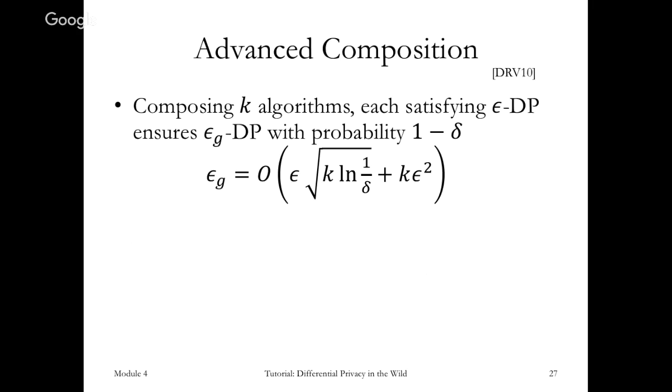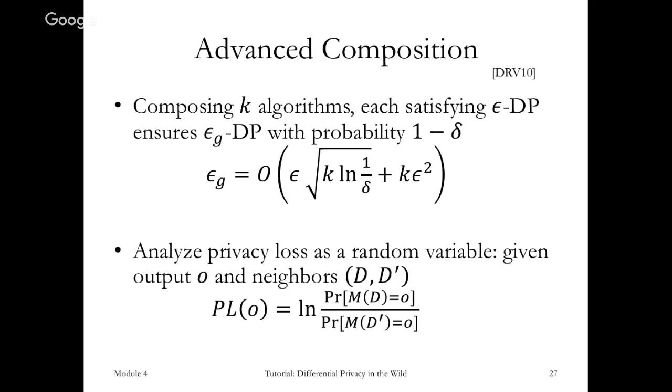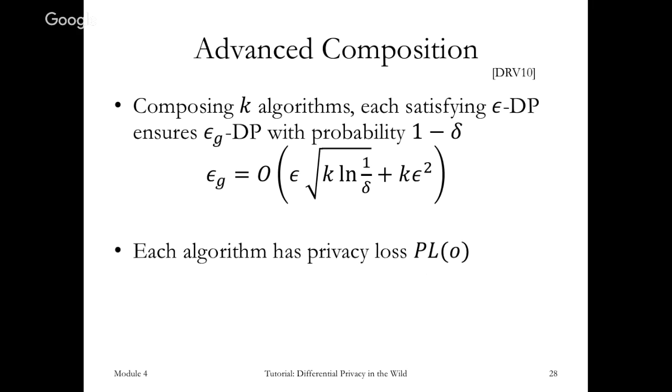So how do we get this result? It's by analyzing privacy loss as a random variable. We define this random variable, for a given output and neighboring databases D and D prime, as the log ratio between the probabilities of generating output O from D and from D prime. If the algorithm is epsilon differentially private, what does it say about this random variable?